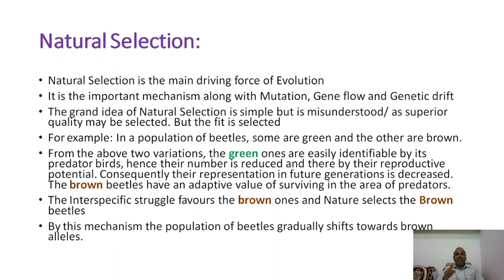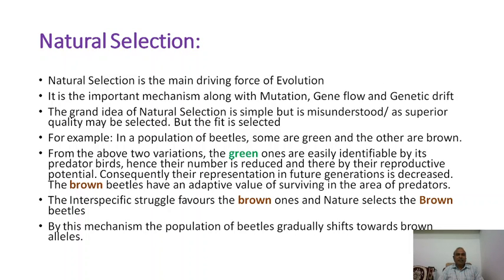The grand idea of natural selection is very simple. Whichever organism has useful variations will win the struggle, will undergo reproduction, and will pass the traits or the genes to the next generation. The next generation is established with these successful characters only.